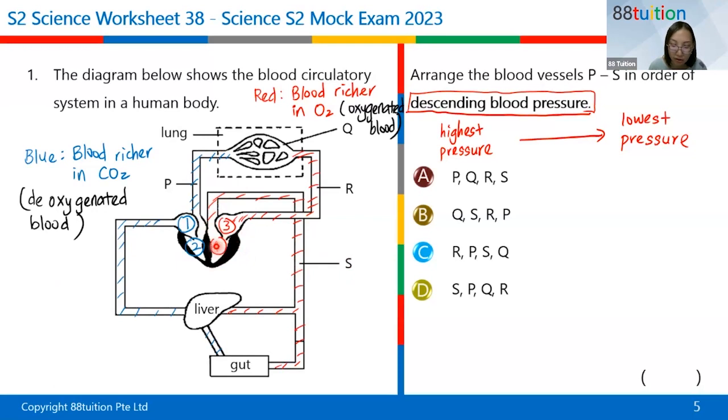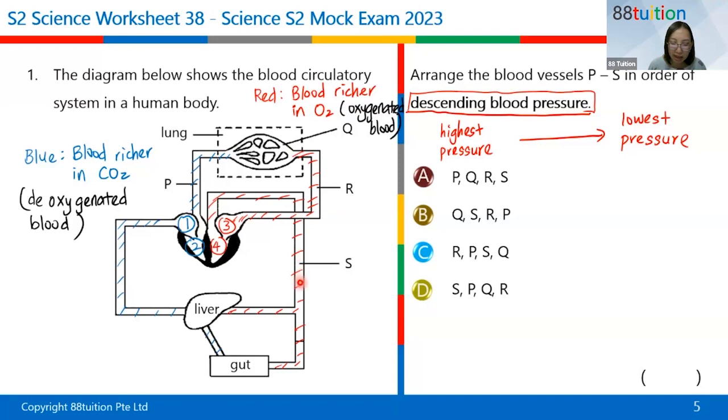From number 4, you know the way the blood flow is number 1 to number 2, go to the lungs. And then from the lungs, go back to number 3, number 4, and then go back to the rest of the body. So when it goes to the rest of the body, this is the highest pressure.